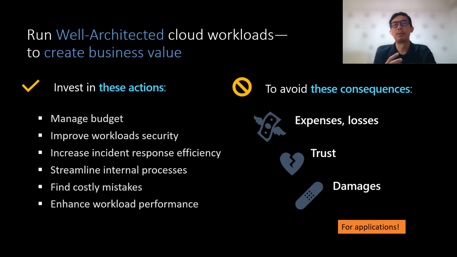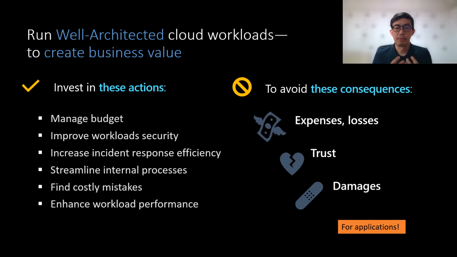Now, when we talk about well architected for applications, we are really talking about the workloads. How do we do this well in a way that creates business value? So the business value of well architected applications comes from avoiding unnecessary expenses. It comes from retaining customer trust.